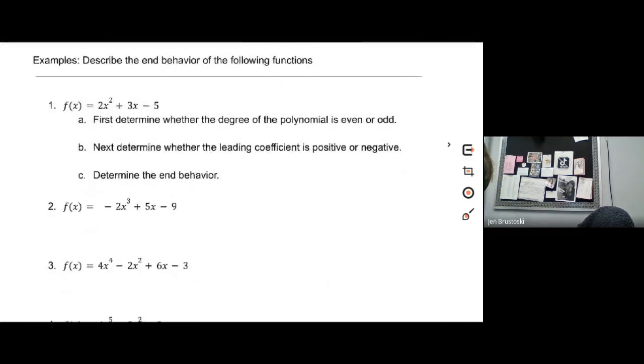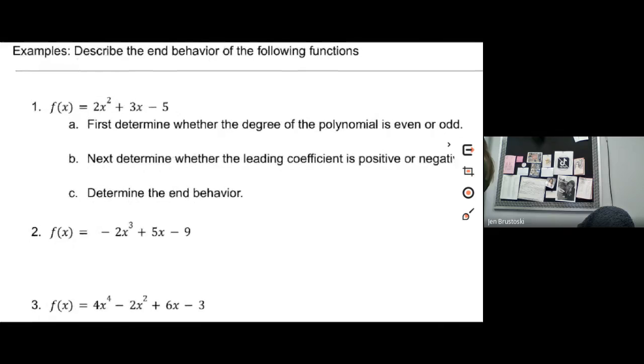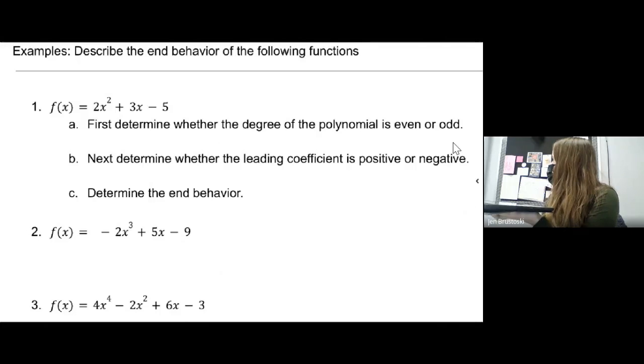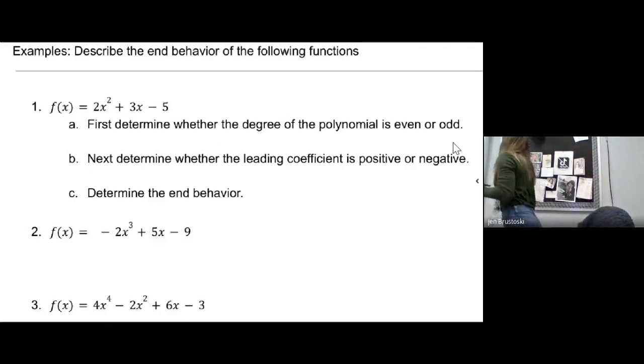All right, so this is how we're going to do this. I would go ahead and write out each of these steps. I'm going to put this away first. Pause for a second so you can get this down. Where's my mouse? There it is. Okay, so just focus on number 1 for now. So we've got f of x equals 2x squared plus 3x minus 5.